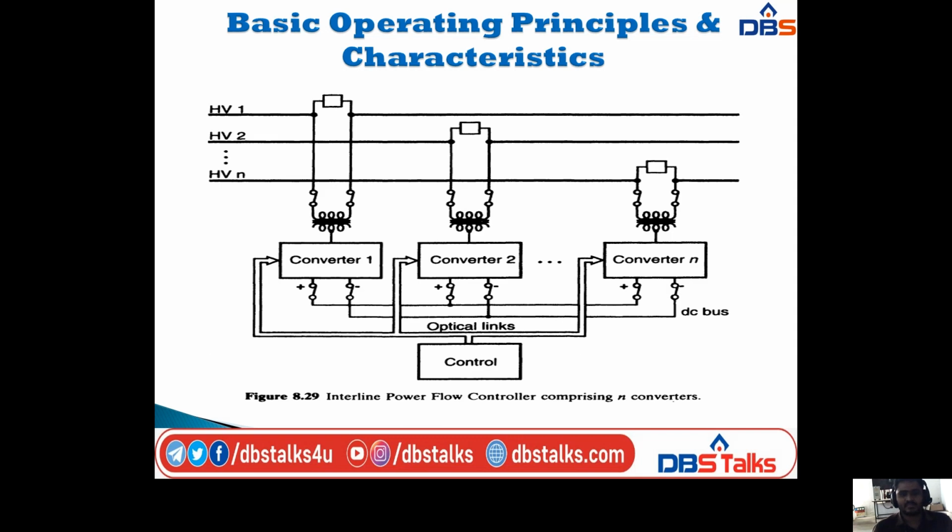This is the interline power flow controller comprising N converters. Here we are taking N transmission lines and N converters, that is converter 1, converter 2, up to converter N. All the converters are connected through transformers to the transmission lines. And here we have control and optical links also.